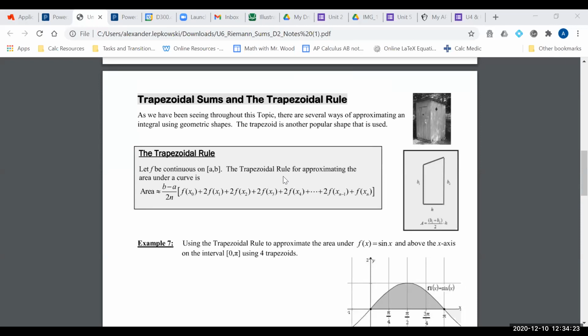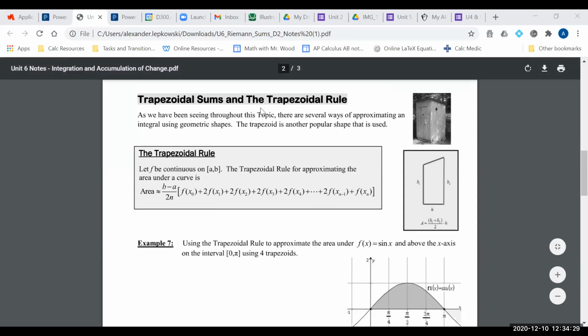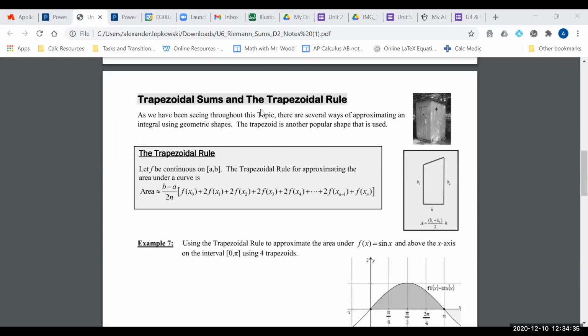What I want you to know is that besides the Riemann sum schemes with the left, right, and midpoint height rectangles, there is a trapezoid scheme, the trapezoidal rule. The trapezoidal rule for the same number of shapes is almost always more accurate than the Riemann sum. The trade-off, though, is, and please look on the right-hand side at that very small box.